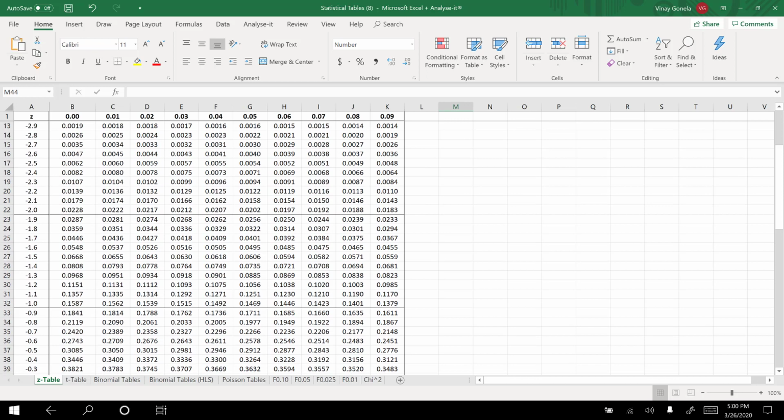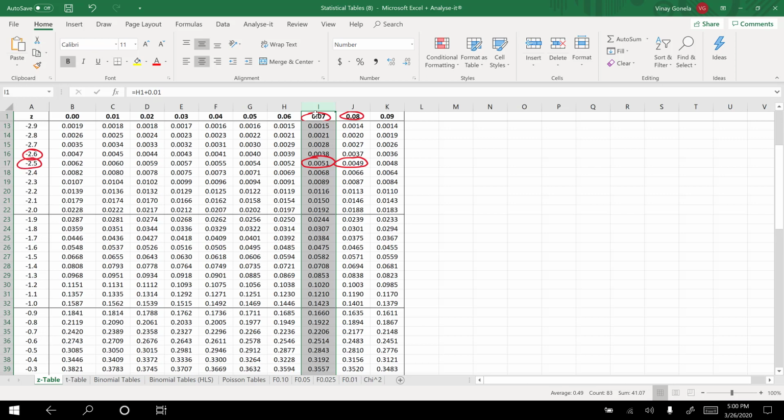So 0.005 is this or this. So negative 2.67 or 68. So negative, okay, this is, oh sorry, this is wrong.